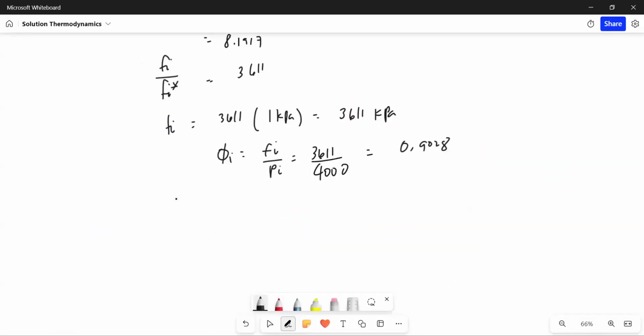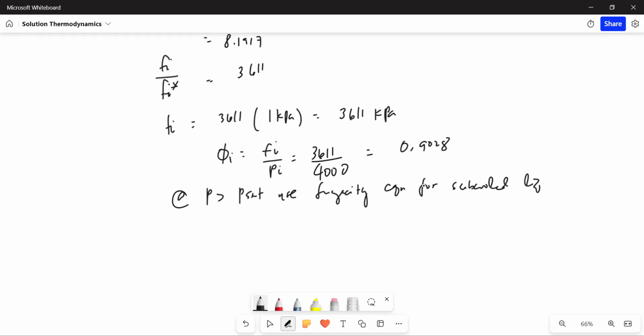So at P greater than P sat, use the fugacity equation for subcooled liquid.